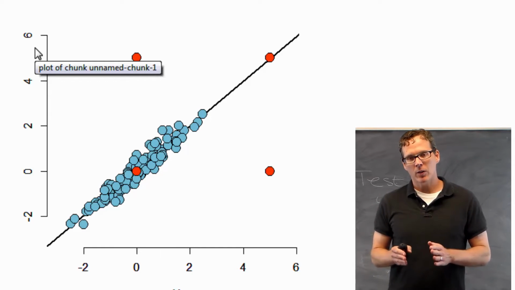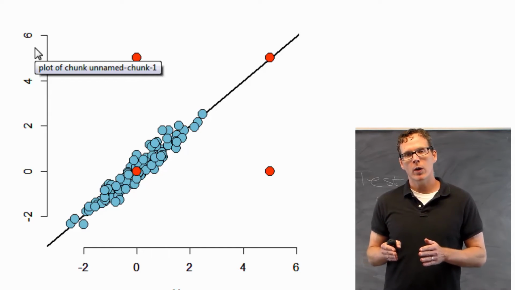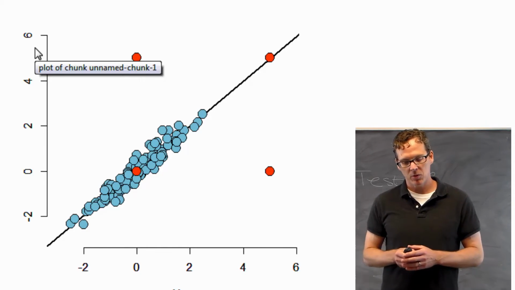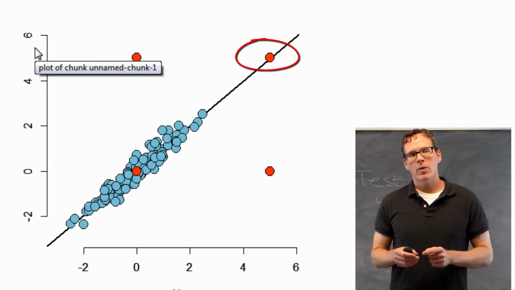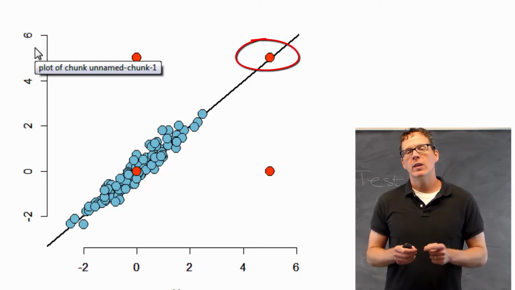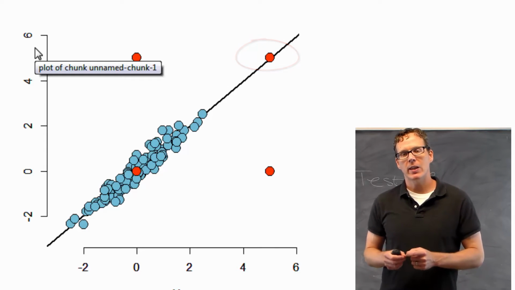So to describe more on what influence means, or what leverage means, let's look at this point that is in the upper rightmost plot. Remember that our data has to go through the average of the y's and the average of the x's.